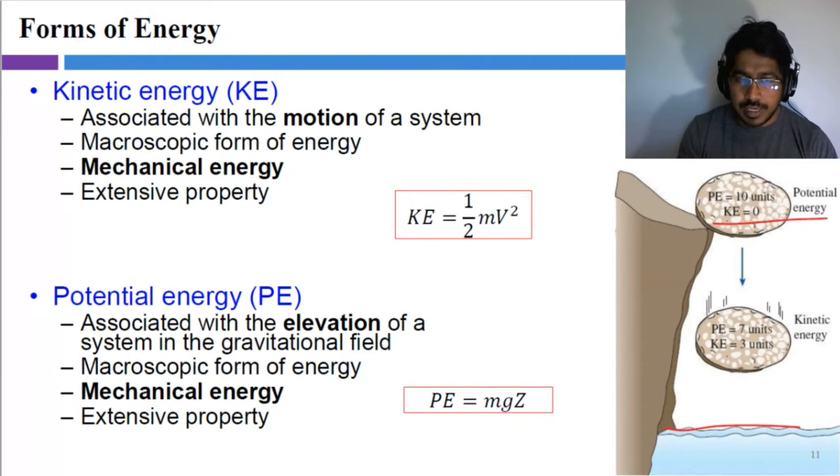Okay, so do we have this reference in our kinetic energy calculations? Is it relative to something? We agree that we calculate the potential energy relative to a pre-agreed zero potential level, or reference level.